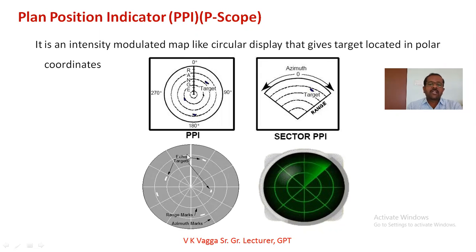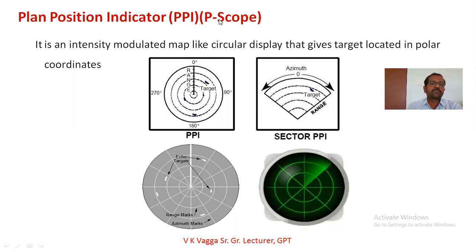Instead of considering the entire 360 degrees, it can also measure the range for only a certain angle. This is called the sector PPI. It can identify a target if it is available within this azimuth angle, and any target above this angle is unidentified.